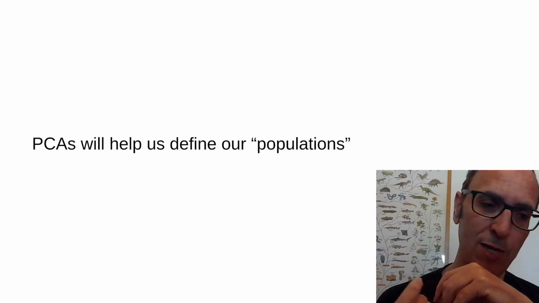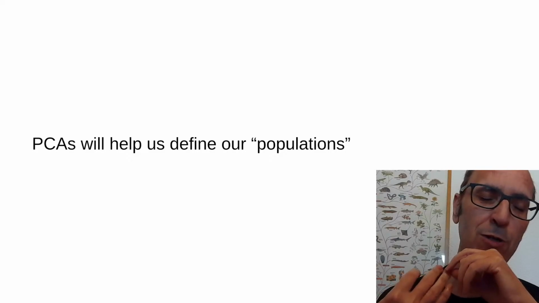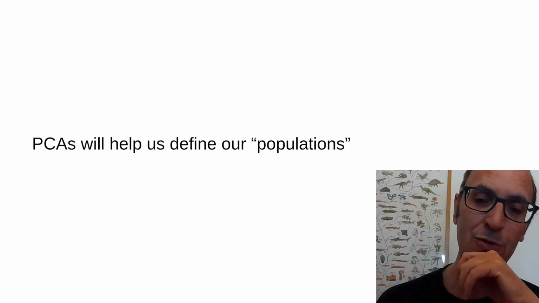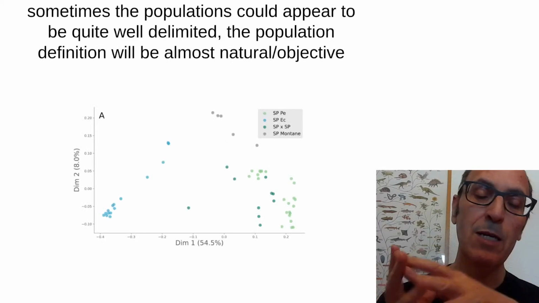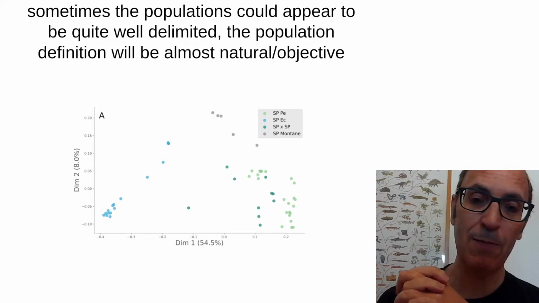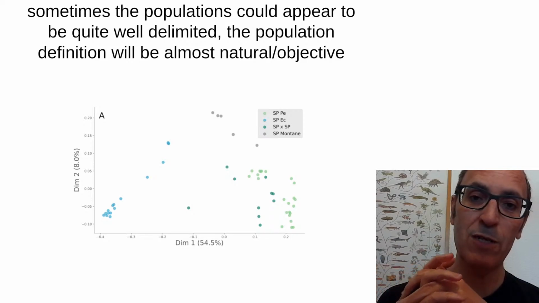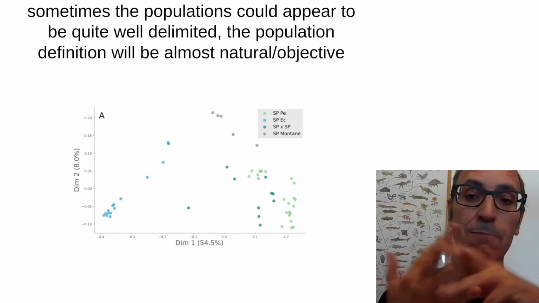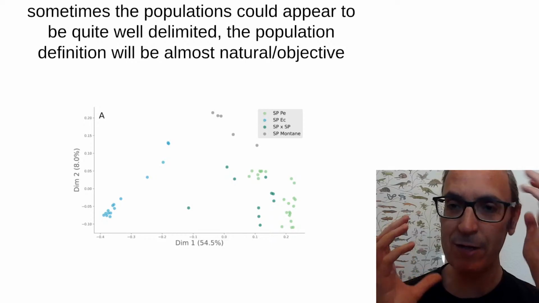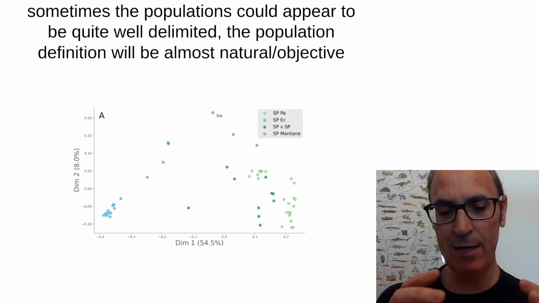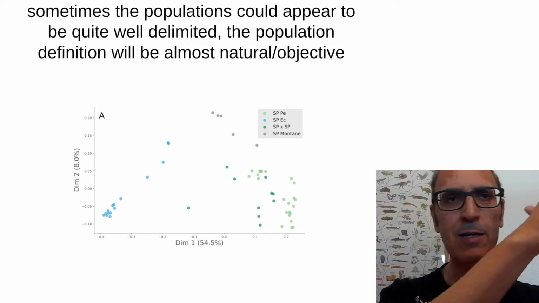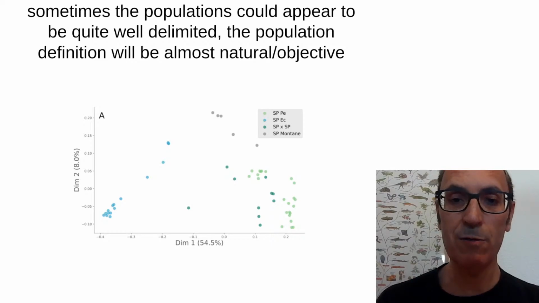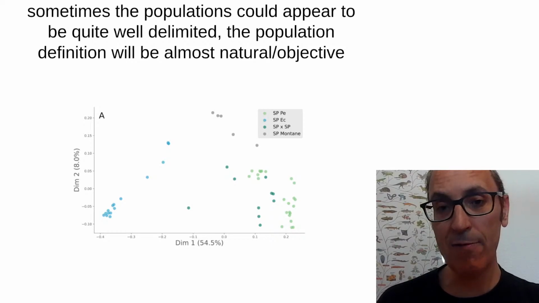Once you do that, you get your individuals, if you can, you genotype if you have the money, and then you have your data, and you can start defining your populations. How? A very standard approach is you do PCAs. For instance, you do your first PCA, and maybe in that PCA you get clear clusters, okay? You get one cluster, another cluster, and this will be your population. Maybe they will have substructure, okay?